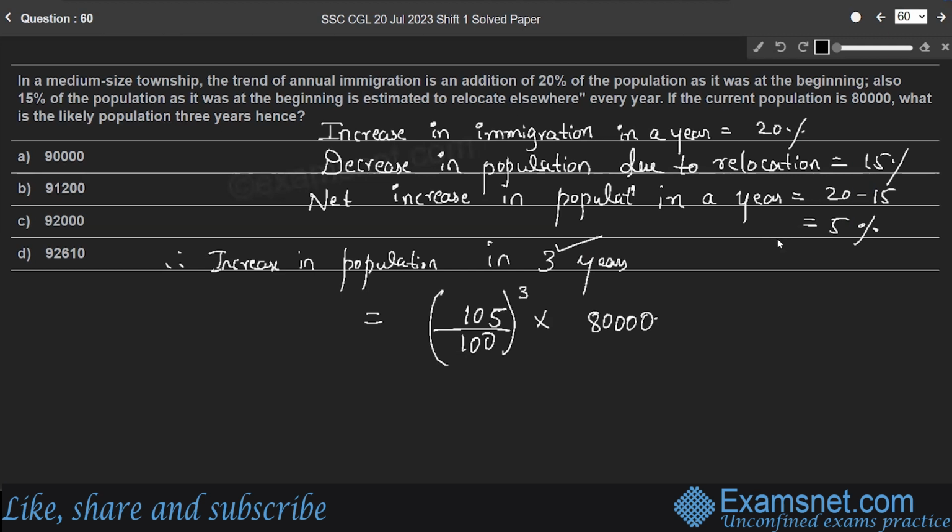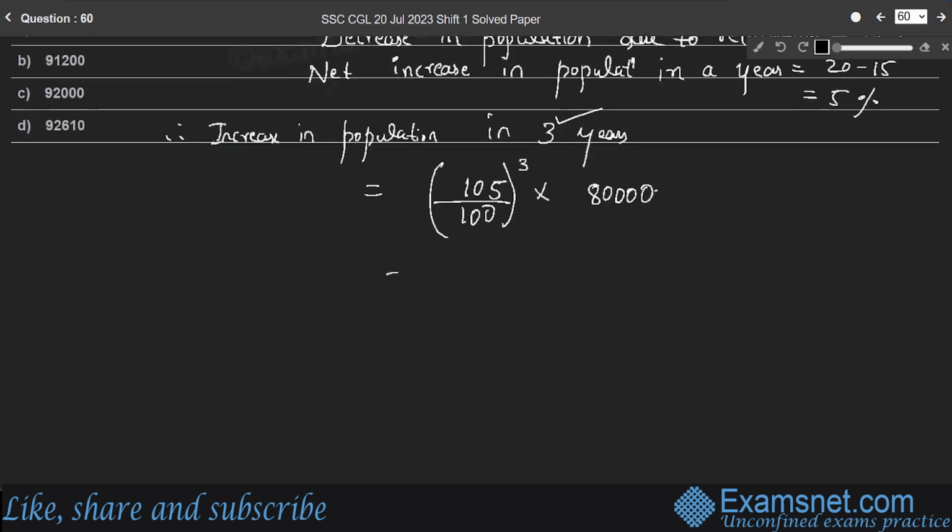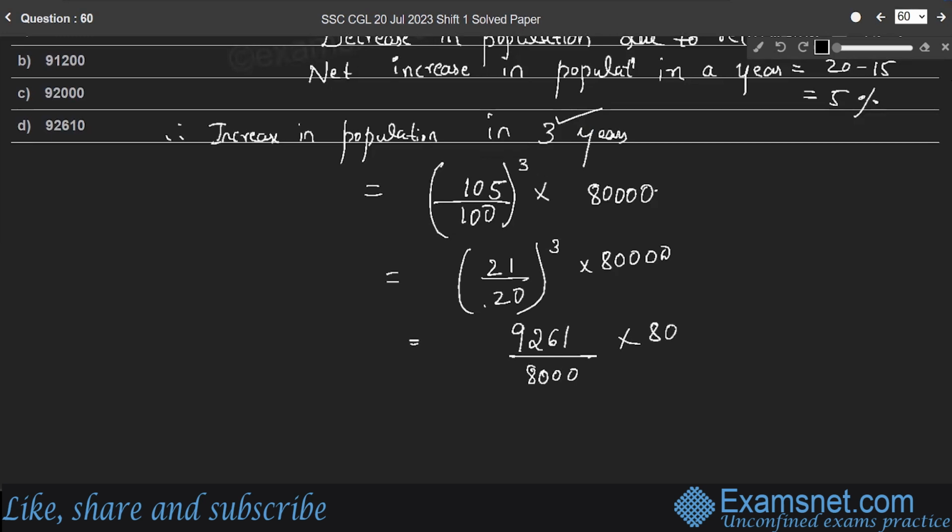So therefore for 3 years, simplify it, 21 by 20 to the power of 3 into 80,000. Here 21 cube is 9,261, right? So cube of 20 is 8,000 into 80,000.